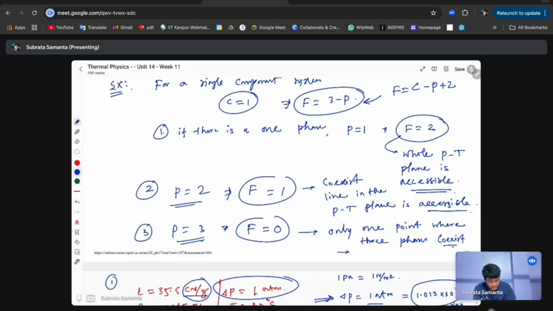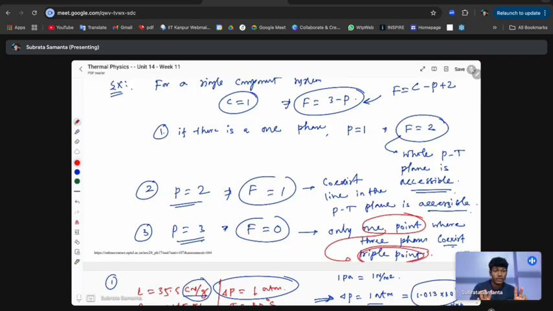So that is basically your triple point. For a single component system, the 3 phases must coexist at a point, not over a line, not over a surface. So at a point, and this point is the triple point.